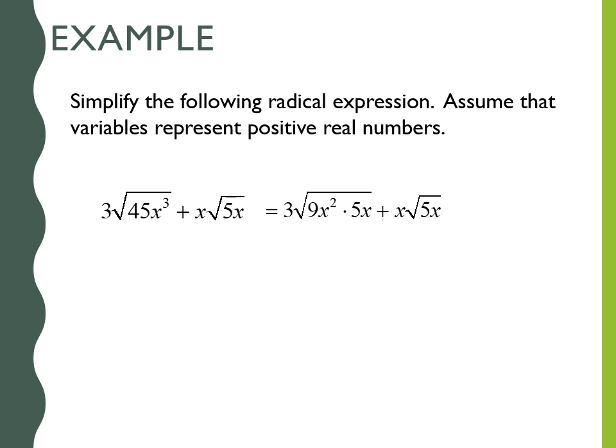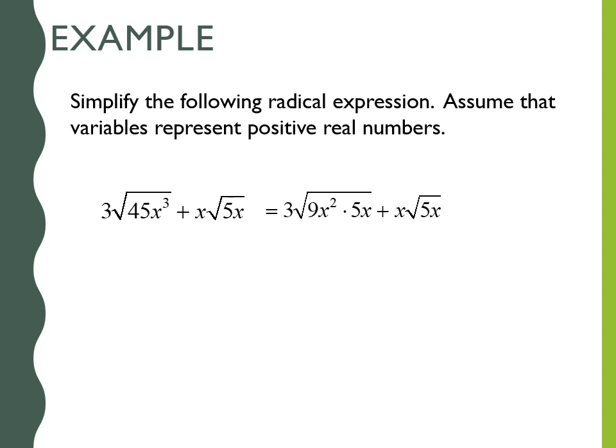So it becomes the square root of 9x squared times 5x plus x times the square root of 5x. The reason why the 5 and the x are together is because they're not going to be broken apart. They're basically primes in a sense. Well, 5 is a prime and x is a singular variable.